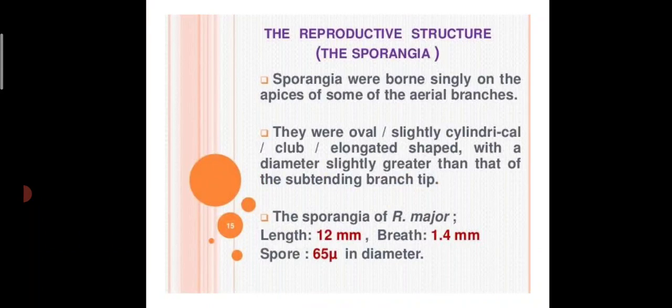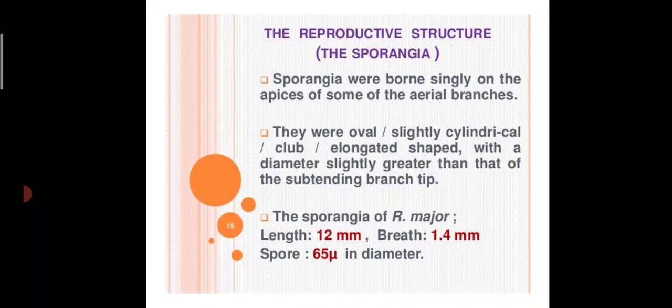Coming to the reproductive structures, as we have seen in the figure of the sporophyte, the reproductive structures are sporangia. They are borne on the apical portion of the aerial branches, oval shaped or pear shaped. The size of the sporangia may vary in both of the reported species.